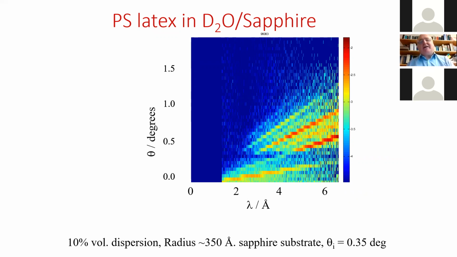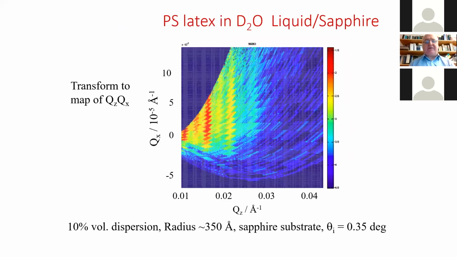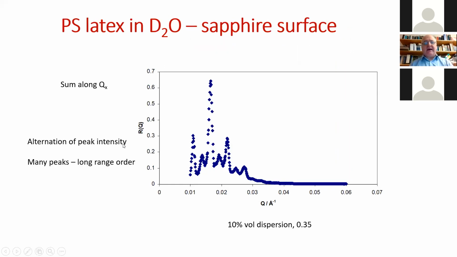I might say that we've found that we can get better scattering patterns, more intense scattering patterns, depending on how we flow the material against these surfaces. I won't go into the details of that. If we convert this into maps of momentum transfer in 2 directions, you can see that there is a very regular pattern of peaks with alternating intensity.